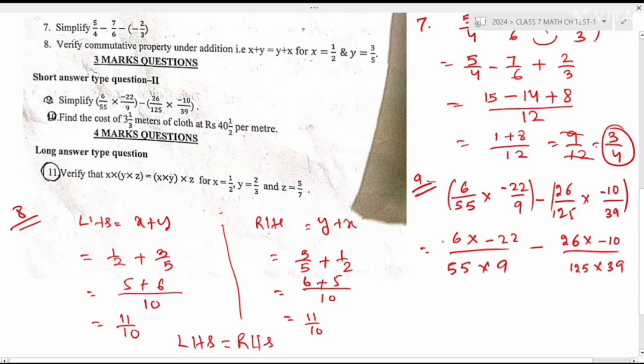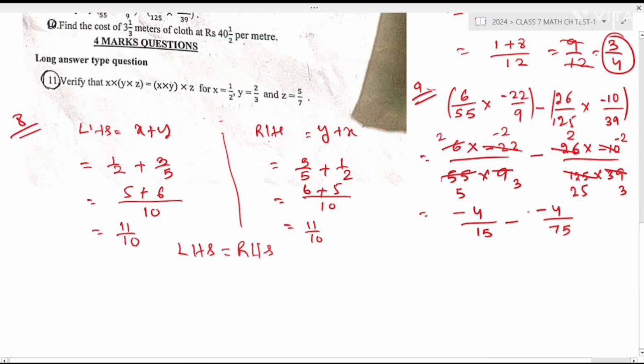So cancel: 3 twos are 6, 3 threes are 9, 11 minus 2, 11 fives are 55, here 13 twos are 26, 13 threes are 39, then 5 fives are 25... 5 twos are 10. So the answer is minus minus plus: minus 2 twos are 4, 5 threes are 15, again plus minus minus 4 divided by 25 threes are 75.